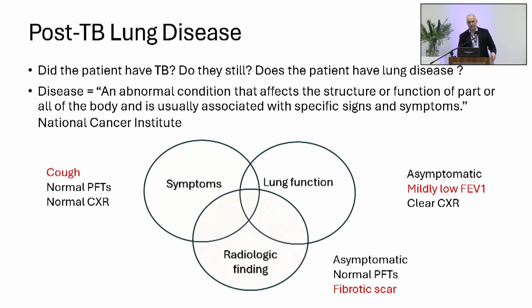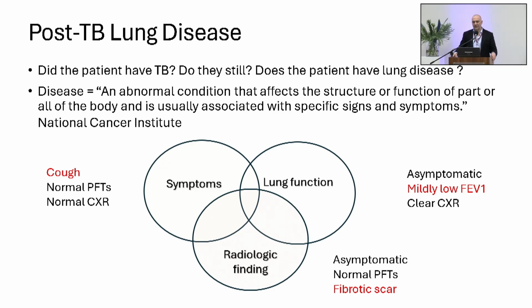So if we unpack the term post-TB lung disease, we can get really specific about it. Since the second symposium, people who attended that meeting and the workshops did unpack it, and we thought about each term of it. So it's post-TB lung disease. Did the patient actually have TB?